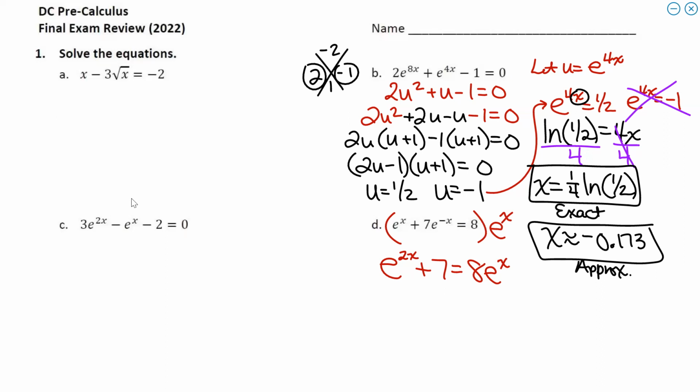If I did f of h of x, so I will have f of x squared plus 2. So 2 times x squared plus 2 minus 5. So that would be 2x squared plus 4 minus 5. 2x squared minus 1 is what I would get when I compose those together.